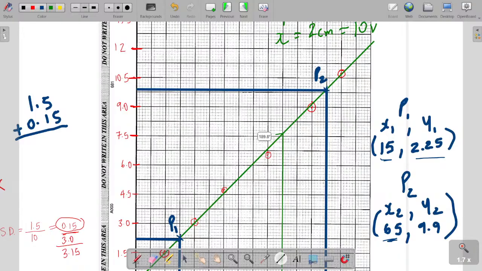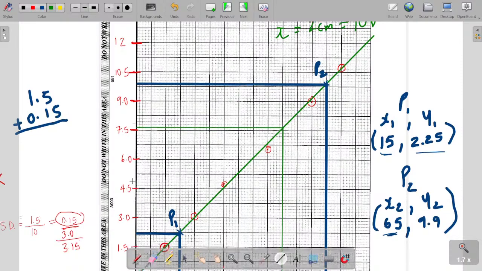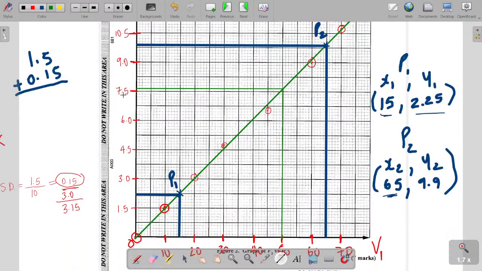So here, if we bring it across, right, bring it across, we get a value of 7.5 plus our smallest division here, which is 0.15. So that means we're going to get a value of 7.65.